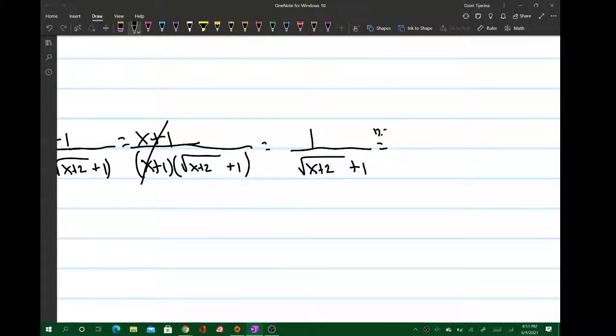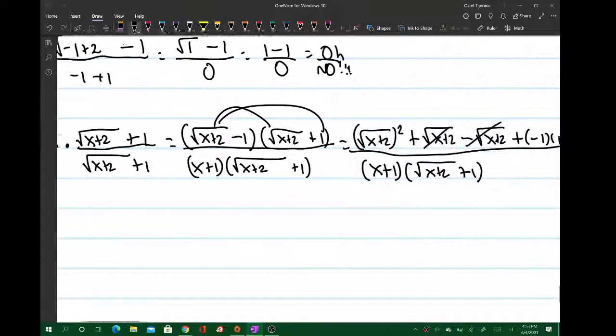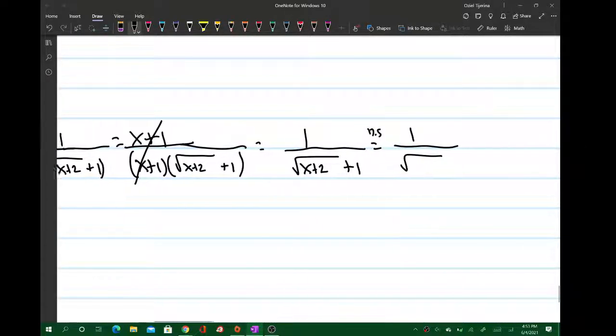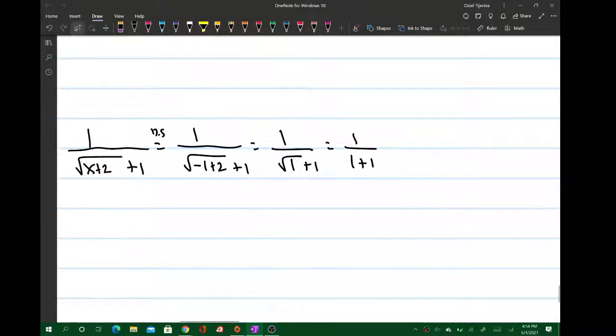And now you can do direct substitution again, so you have 1 over the square root of, and the limit was the limit as x approaches -1, -1 plus 2 plus 1, which is equal to 1 over the square root of 1 plus 1, which is equal to 1 over 1 plus 1, which is equal to 1 over 2.